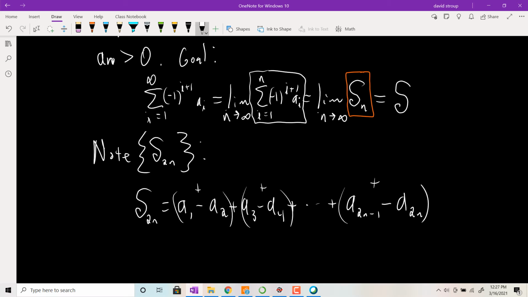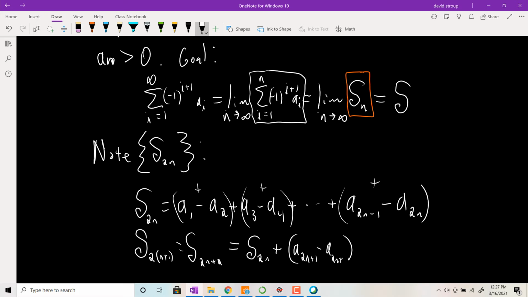As we move from S sub 2n to the next term in line, which would be S sub 2 times n plus 1, which is just S sub 2n plus 2, that's the next term in the sequence of partial sums. S sub 2n plus 2 is really just S sub 2n plus this additional positive thing, a sub 2n plus 1 minus a sub 2n plus 2.